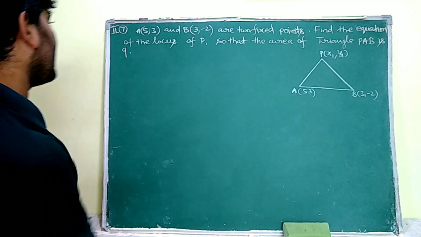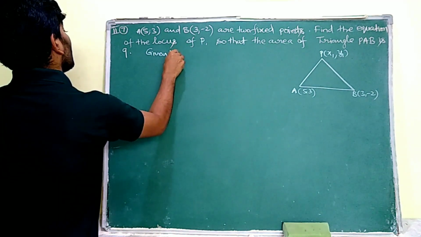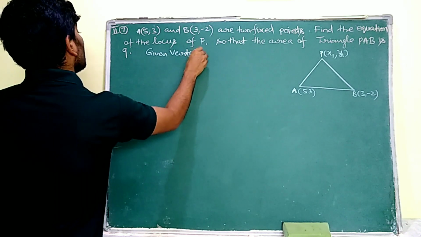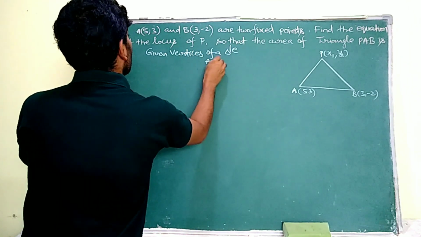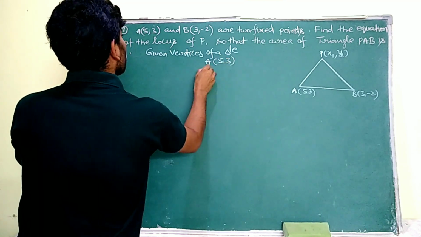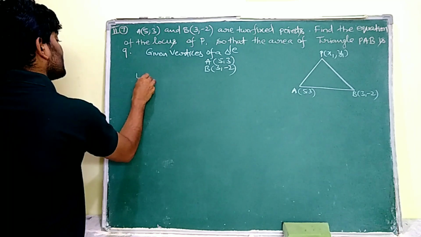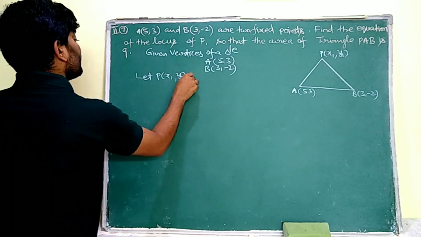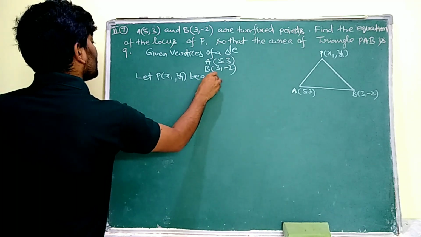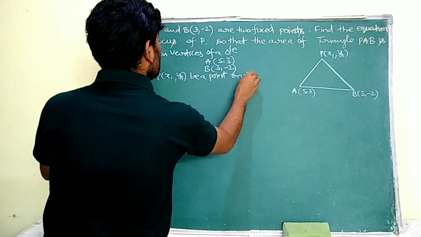Firstly we have to write the given vertices of a triangle: A (5, 3), B (3, minus 2). Let P (x1, y1) be a point on the locus.